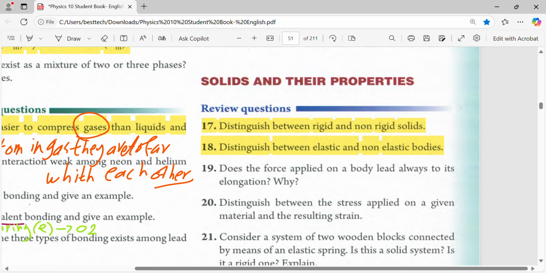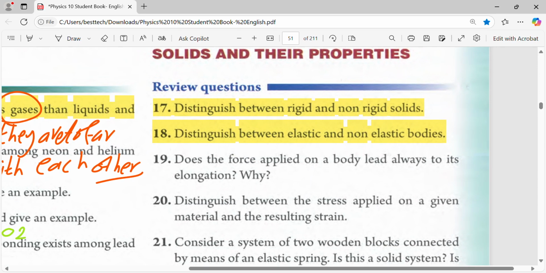Question 17. Distinguish, or what is the difference between a rigid and a non-rigid solid?